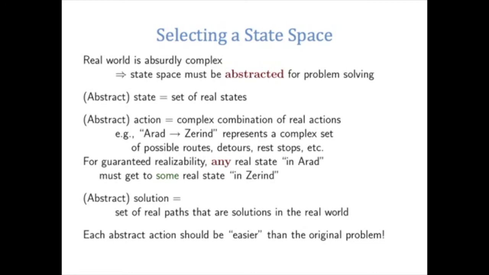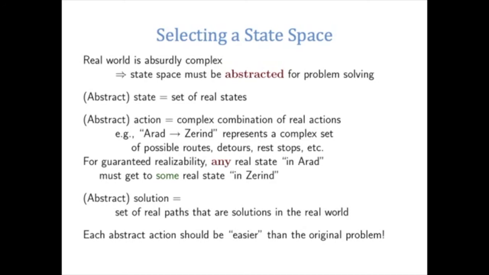So for us to guarantee that we can actually get the solution, any real state of being in Arad must get to some real state of being in Zerind. In other words, it has to be possible to do that. And then our abstract solution, of course, is going to be a set of real paths that are solutions in the real world.